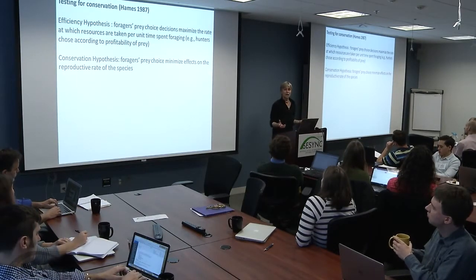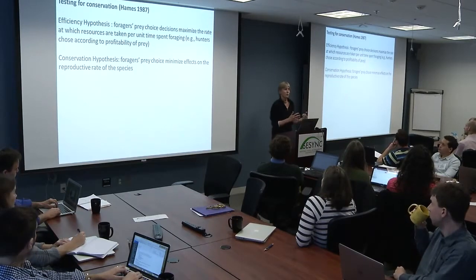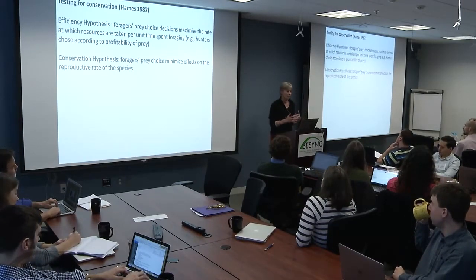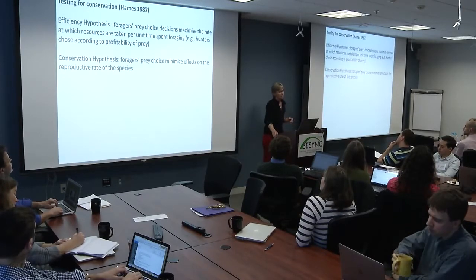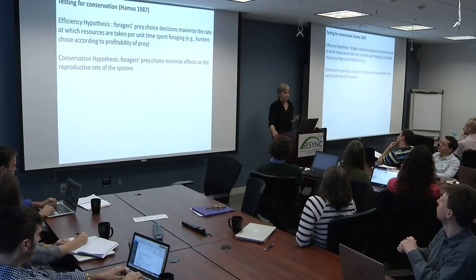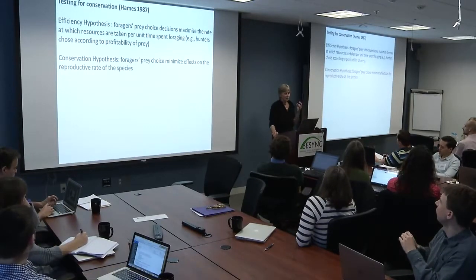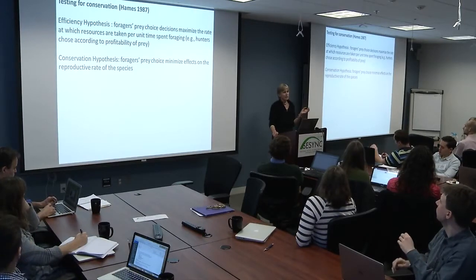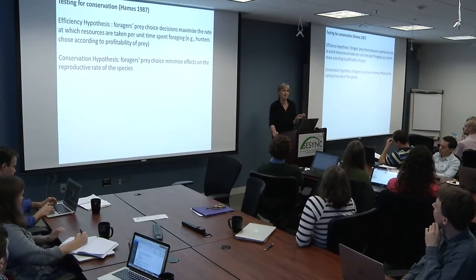So the optimal strategy would be to choose your prey as efficiently as possible in a certain amount of time. So the hypothesis is that forager prey choice decisions maximize the rate at which resources are taken per unit time spent foraging. And there's an assumption here, that your harvesting does not affect the regeneration of the prey, okay?